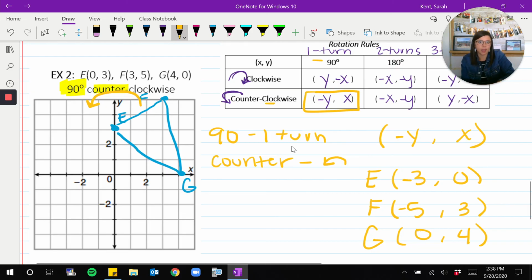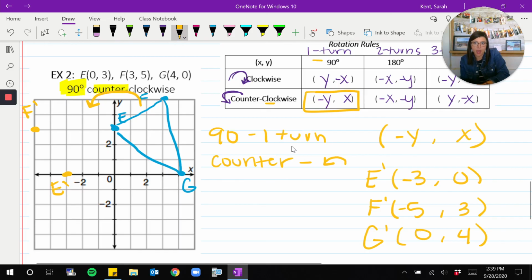And then I can put these points on my graph. So for my new E, I'm going to go over negative 3 and then up 0. This is my E prime, so you can see this E made 1 turn down. F prime is over negative 5, up 3.